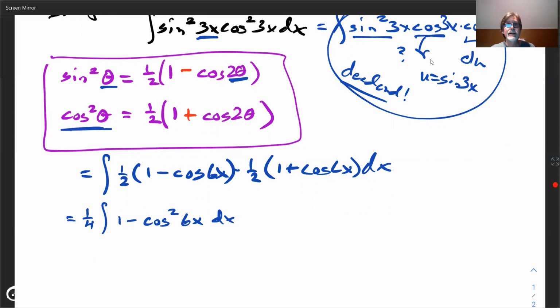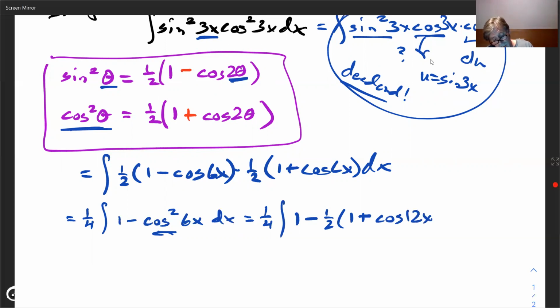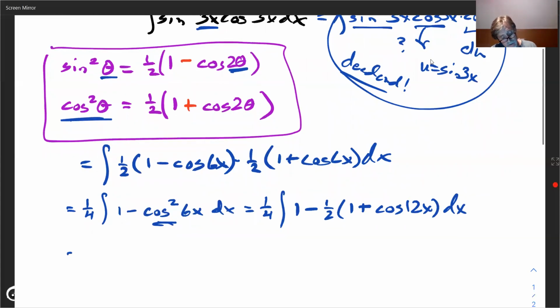But integrating cosine squared, guess what? Got to use this identity again. So let's rewrite it. It's equal to 1/4 integral 1 minus, here comes, 1/2, since it's cosine, 1 plus, and then cosine of, it goes from 6, believe it or not, double it to 12x, dx. Okay, wow.